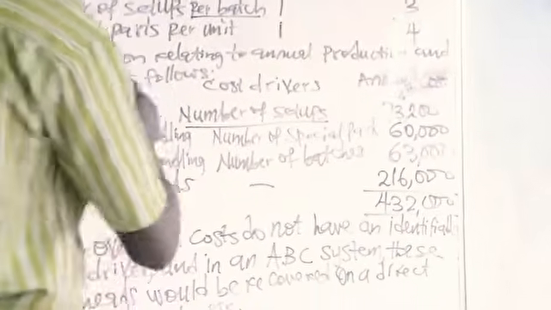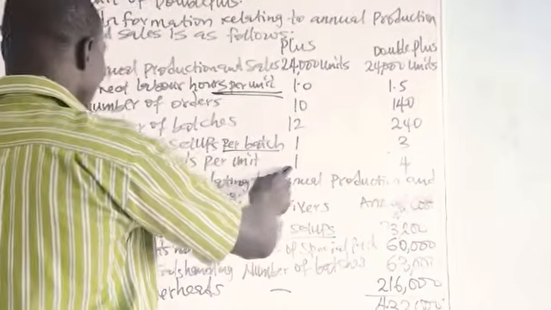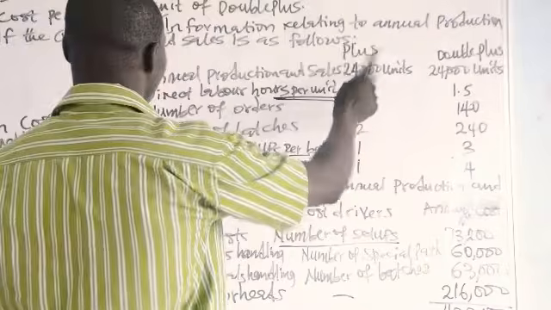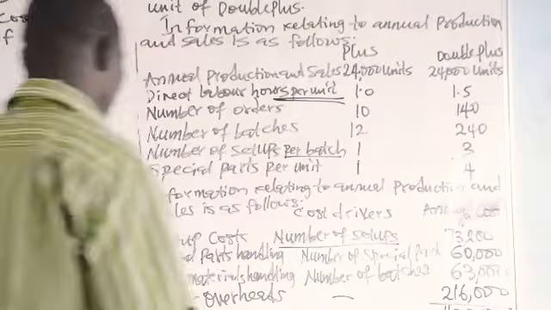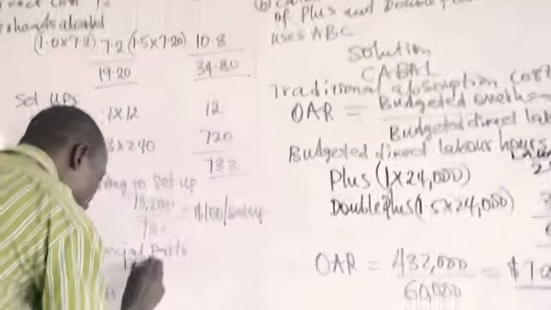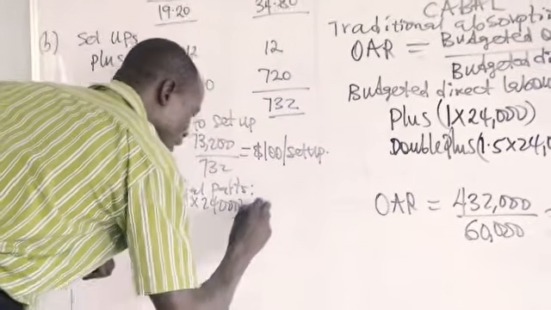Since it is per unit, then you will need to weight it as well. Number of special parts, which is special parts per unit, 1 times number of units produced, 24,000. So 1 times 24,000 will be 24,000.